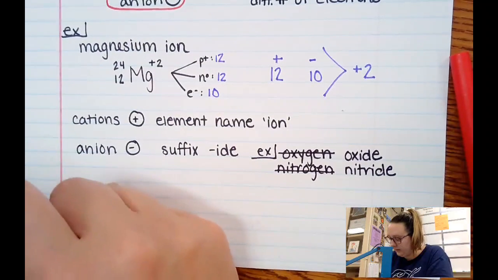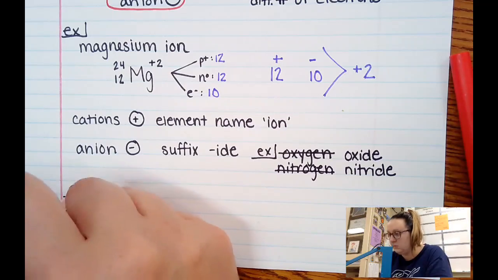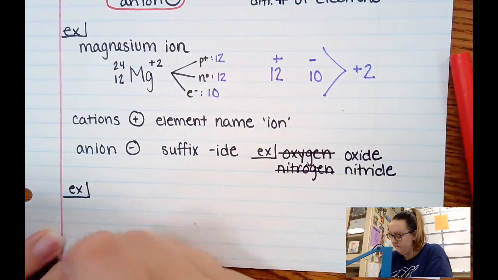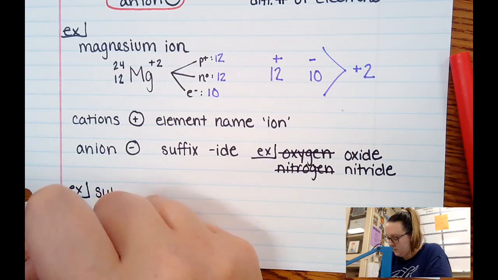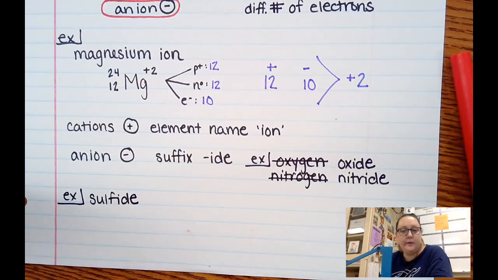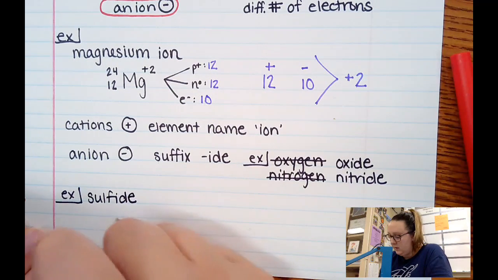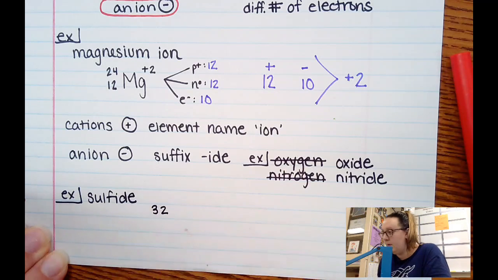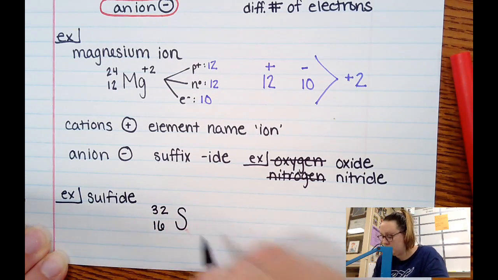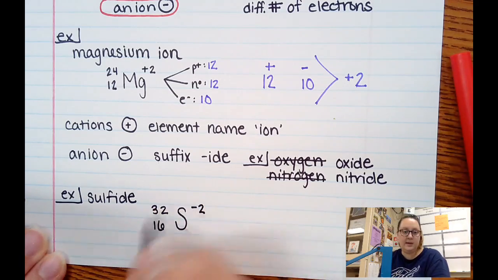Let's look at another example. Sulfide. Just from the name, we know this is an ion. So the symbol is 32 over 16 S, -2, and I'm giving that to you.